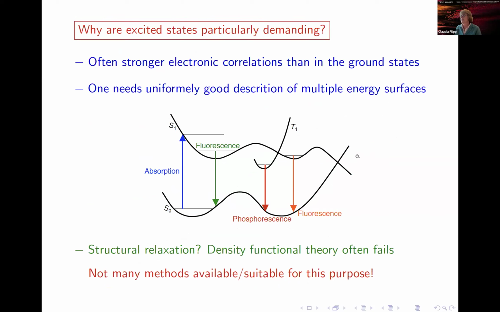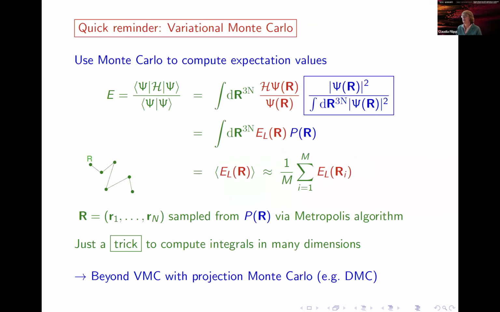Structural relaxation is quite hard, especially away from a minimum, and something like DFT would fail in proximity of a conical intersection like this one. So in some sense it is a very nice niche for correlated methods, because there are overall not many approaches available for relaxing the structure in the excited state.